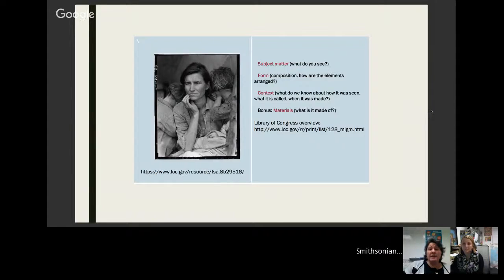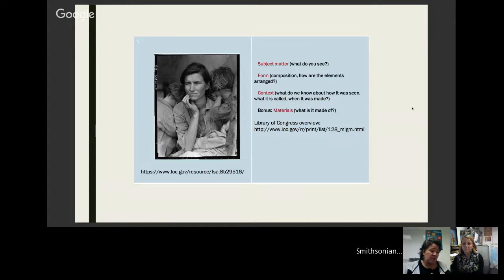We've included a nice overview that the Library of Congress has done so that you can dig a little deeper. One of the things that's interesting about this photograph, as we know it as Migrant Mother, is when you actually go to the Library of Congress website, the title for it is Destitute Pea Pickers in California. Mother of 7.